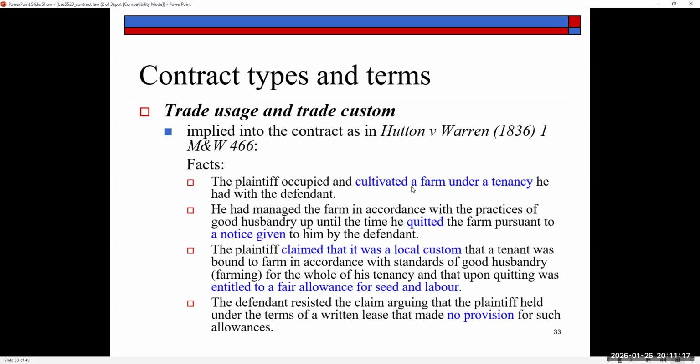So in cultivating the farm, the plaintiff claimed that it is a local custom that the farmer would receive allowance for the seed and labor, even though the written lease made no provision for such allowance. In that tenancy agreement, it is not mentioned, but the plaintiff claimed that it is a common local custom, although it is not mentioned.